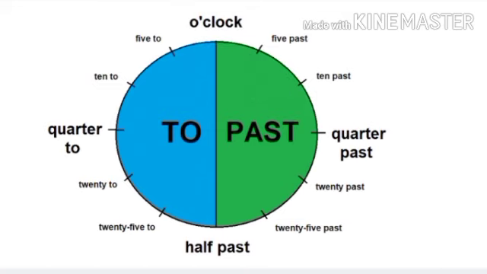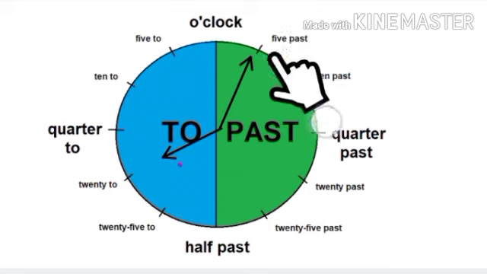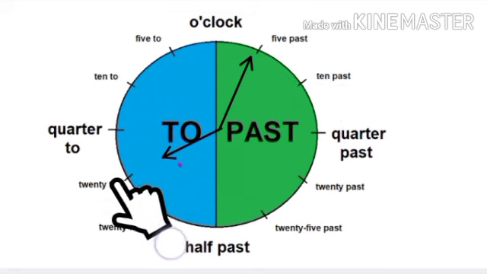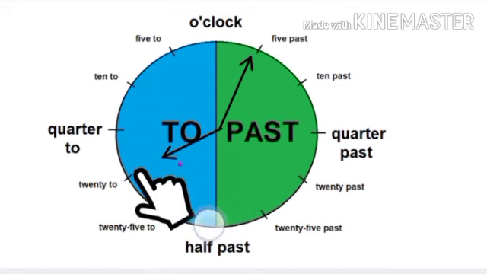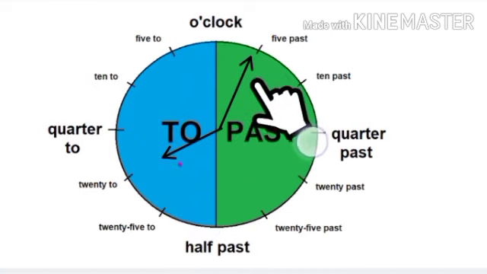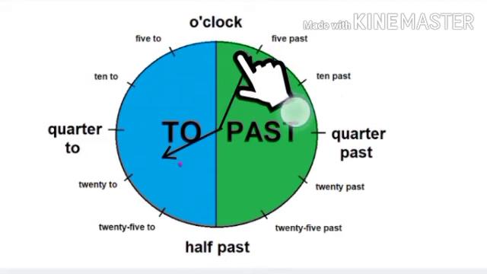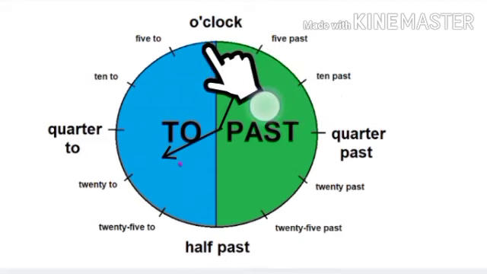For example, if the minute hand shows 1 and the hour hand shows 8, you can think that if it shows like this, we can say this is 5 past 8. We can say that it is 5 past 8.